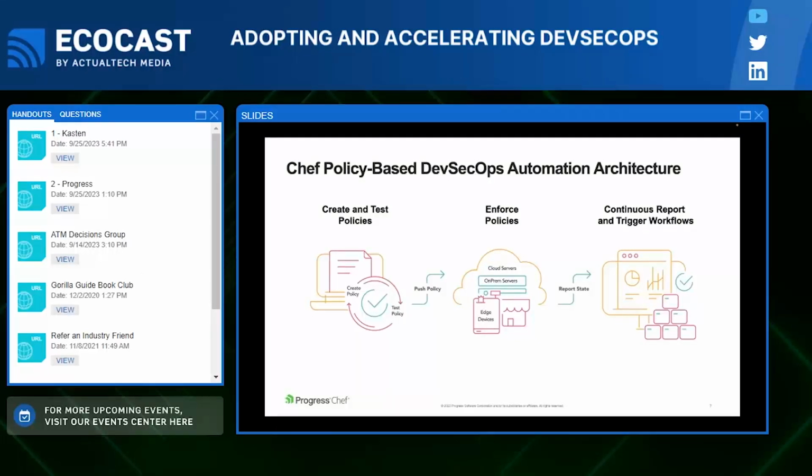It doesn't matter if they're cloud, on-prem, or edge devices, and we let those run. Those will run continuously. And then ultimately, as they run, they're going to report their state in a method that we can then use to actually monitor and report on those. So it's one thing to create the environment, but we want to have full visibility into what's going on and make sure that things are going as we expect them to.